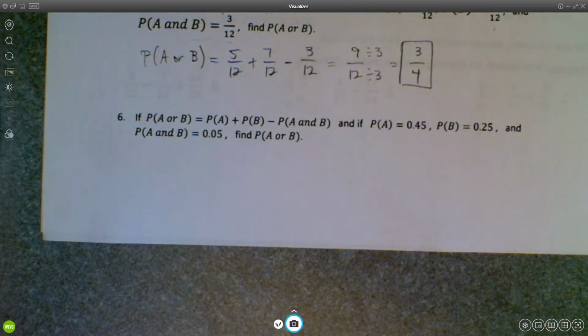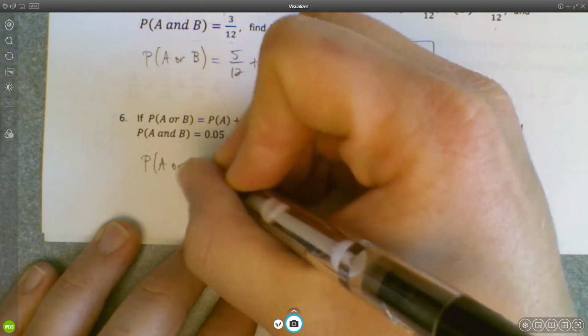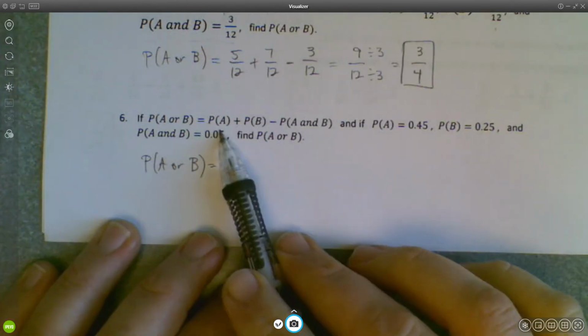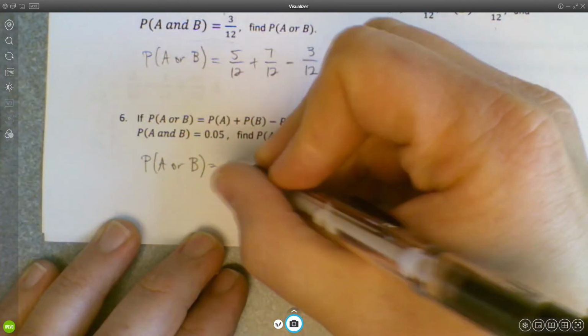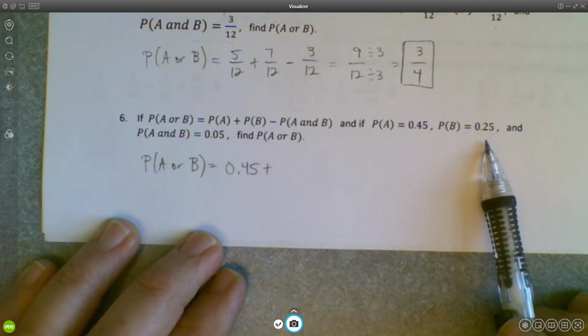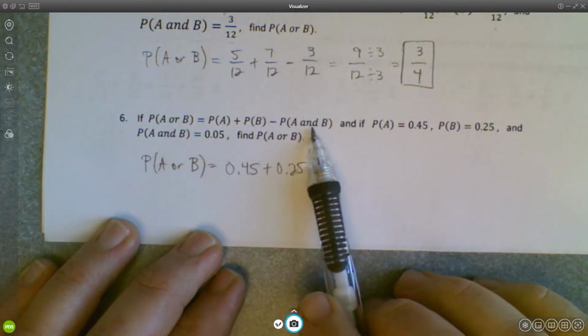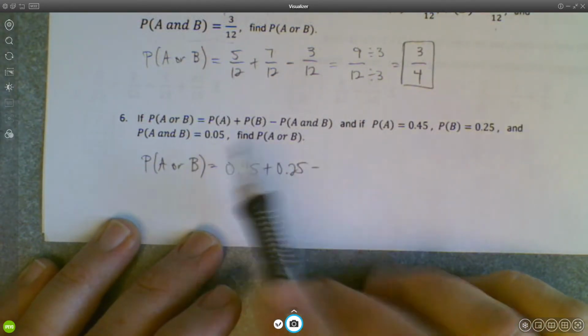Okay, so here's my solution. Probability of A or B is probability of A, that's 0.45, plus probability of B, that's 0.25, minus probability of A and B, that's 0.05.